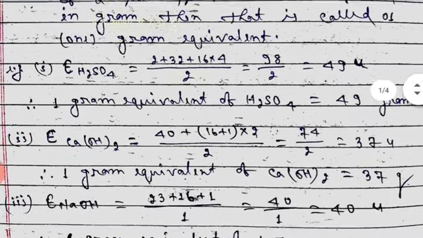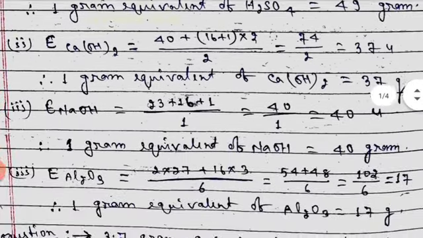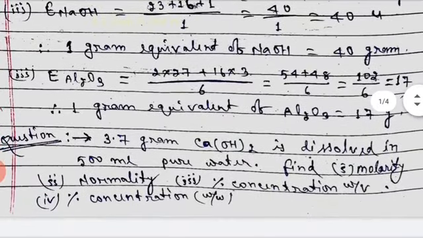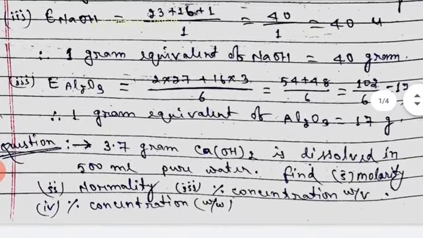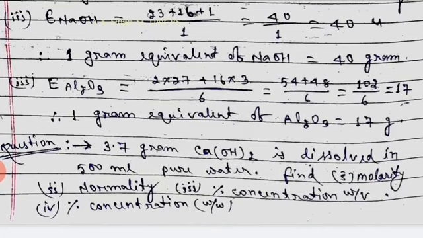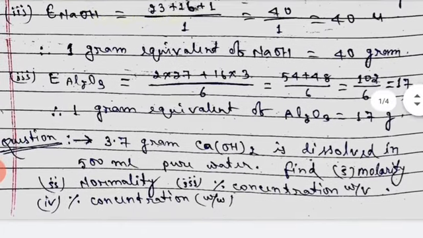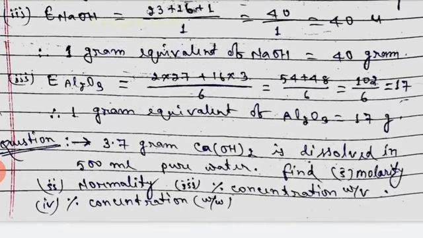Now third example is sodium hydroxide. Equivalent weight of sodium hydroxide. How can you calculate it? Mass of sodium hydroxide by total positive charge. Mass of sodium hydroxide: 23 plus 16 plus 1, divided by 1. Why 1?